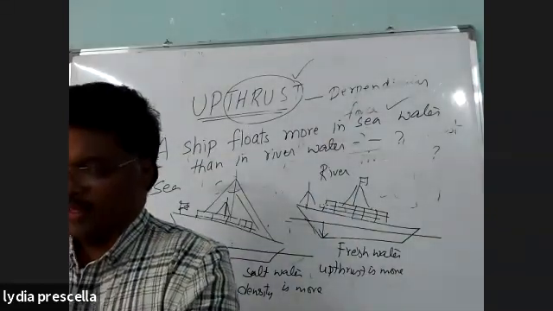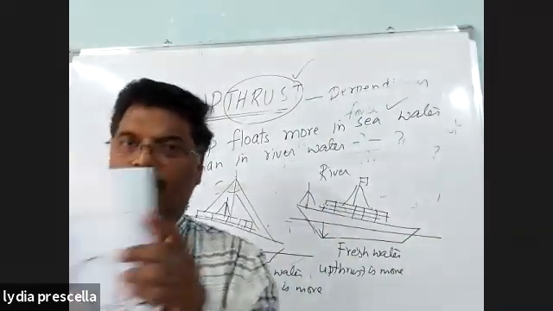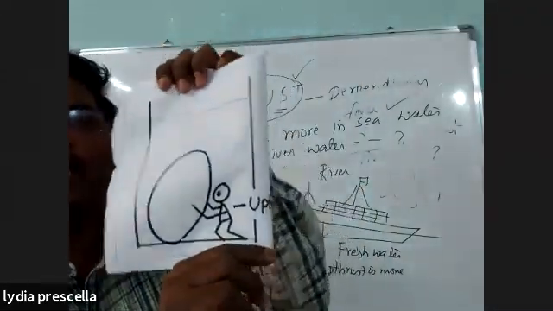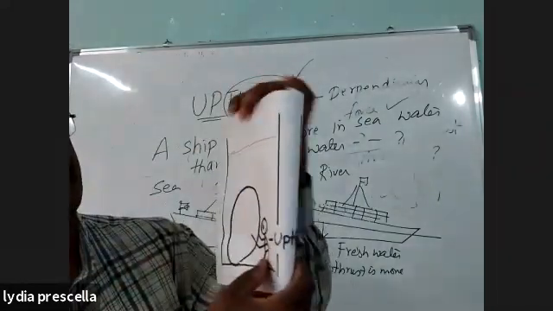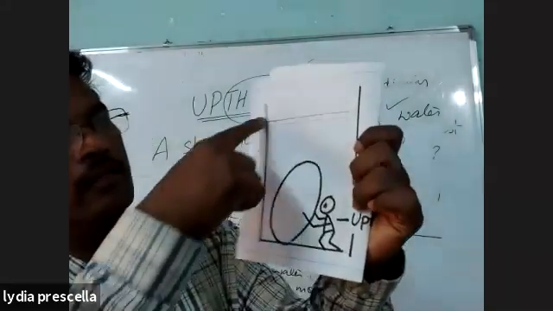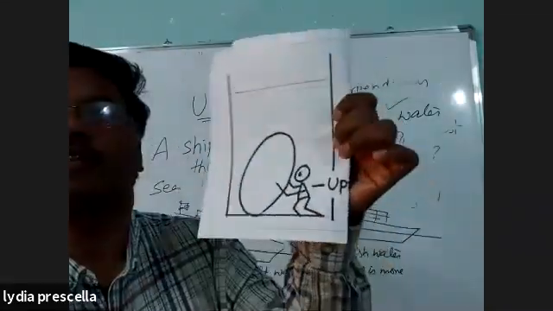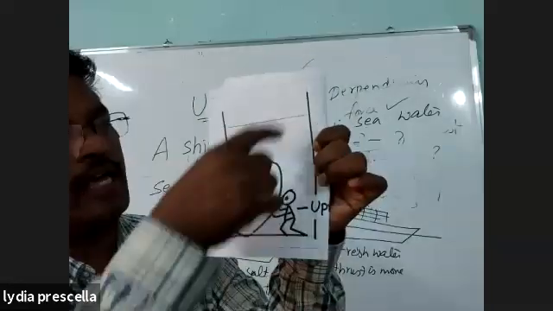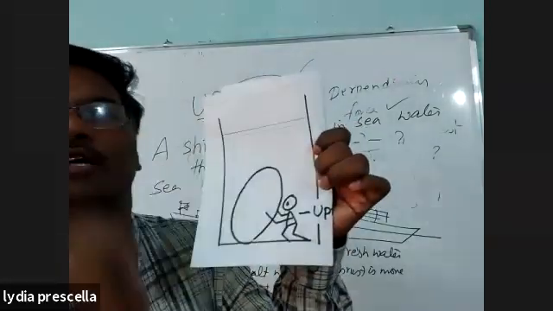Now this picture, did you see this picture? This is the beaker and this is the egg. This egg is inside the beaker. This is fresh water.